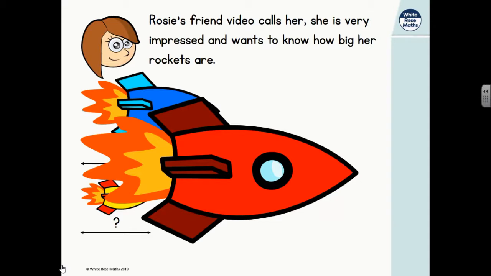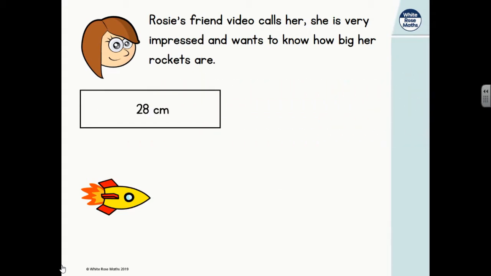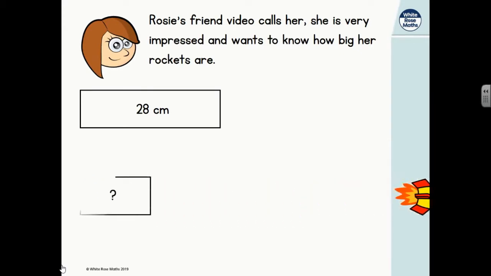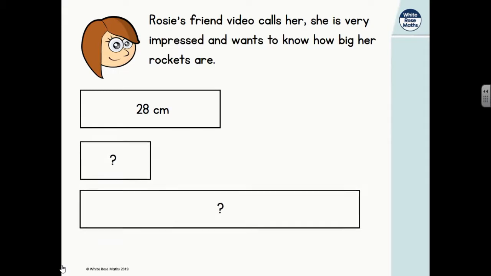So I'm going to draw a bar around my blue rocket and put the length inside. Then I'm going to draw a bar around my yellow rocket. And I'm going to draw a bar the length of the big red rocket. I'm just going to shift those up so they're next to each other.